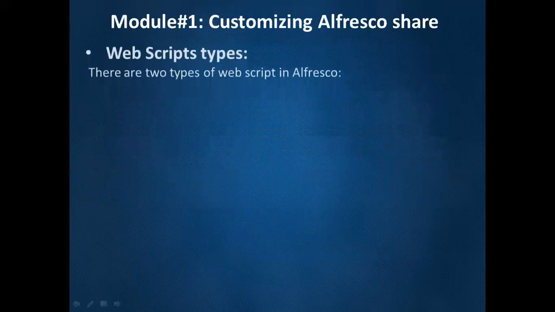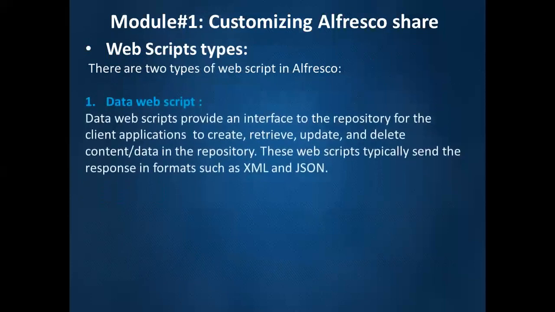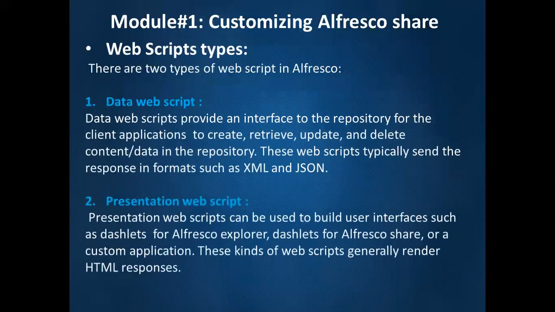Now let's move to the third topic, web script types. There are two types of web script in Alfresco. The first type is data web scripts, and the second type is presentation web scripts.